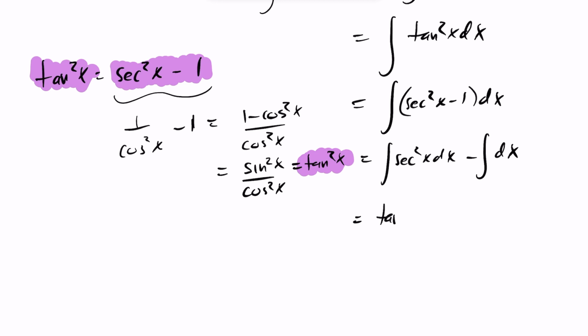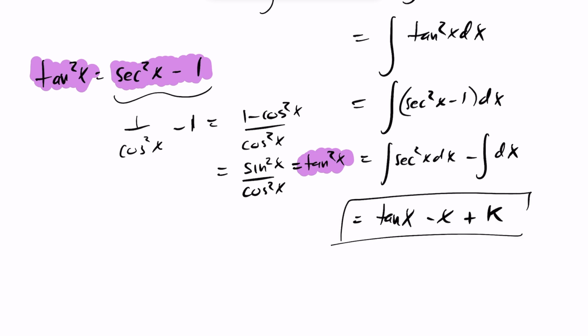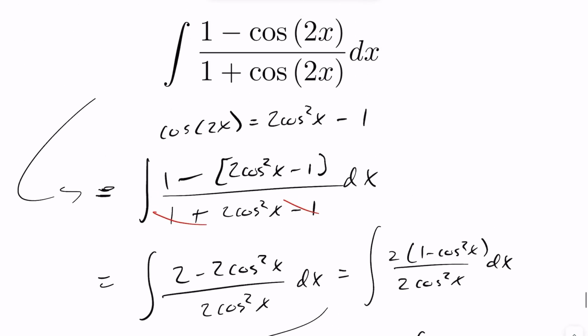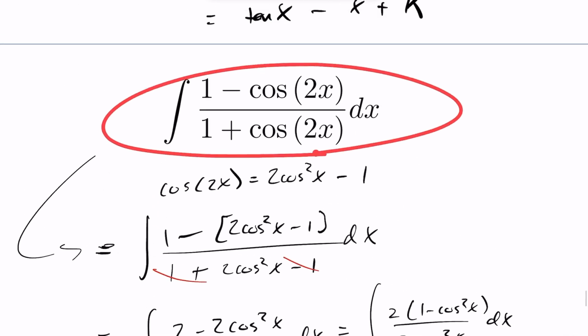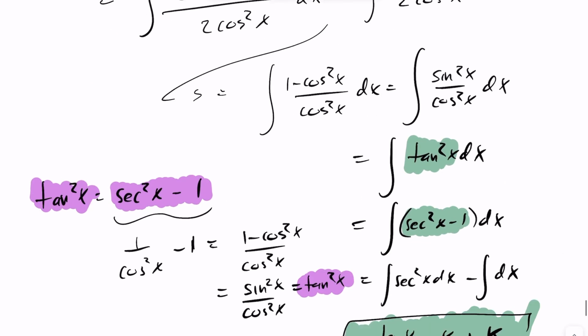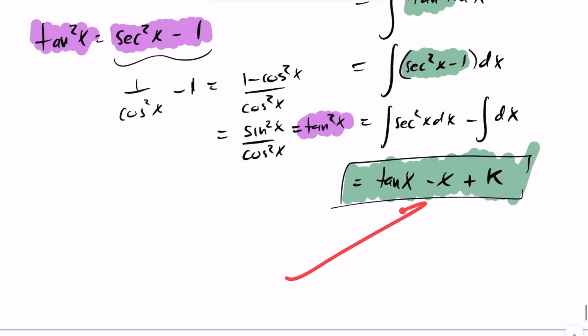This is going to end up being tan x minus x plus some constant, in this case k. So the application of this identity here was a bit unique, just easier to take the integral of secant squared x, so I went ahead and applied that. So for the first question, the integral of (1 minus cos 2x) over (1 plus cos 2x) dx is equal to tan x minus x plus some constant k.